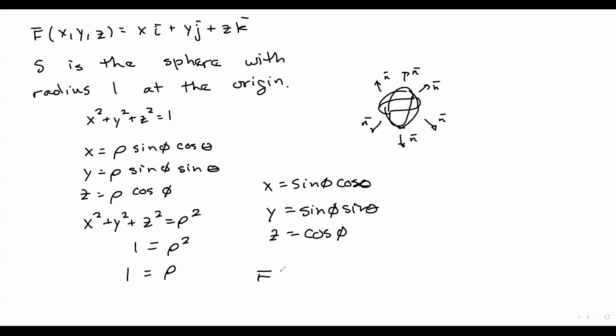Then plugging this into our vector form, we'll have r, and we're going to switch over to u's and v's: sine u cosine v i plus sine u sine v j plus cosine u k.